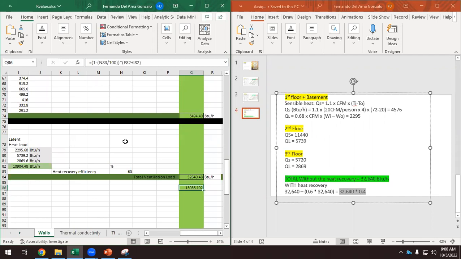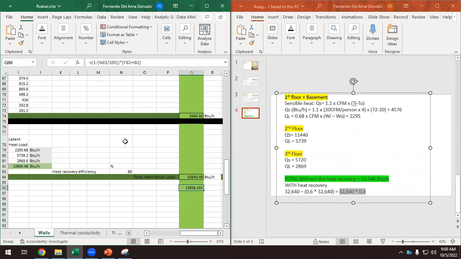And this value is the total load, latent plus sensible. And then this is 40%. So if the efficiency is 60, I recover 60%. So what am I wasting? I'm wasting 40%. If I recover 60, I'm wasting 40.